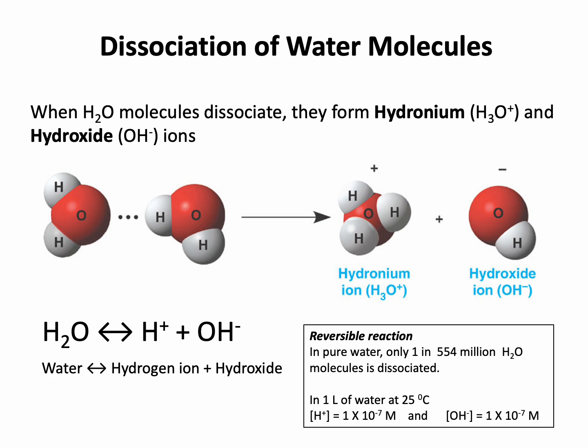And they're about 1 times 10 to the negative 7 molar. So that's 6 zeros after the decimal point and then a 1, in a 1 liter solution of water. That's how much it's happening. And the H plus and the OH minus are equal to each other. That 7 is important, right?